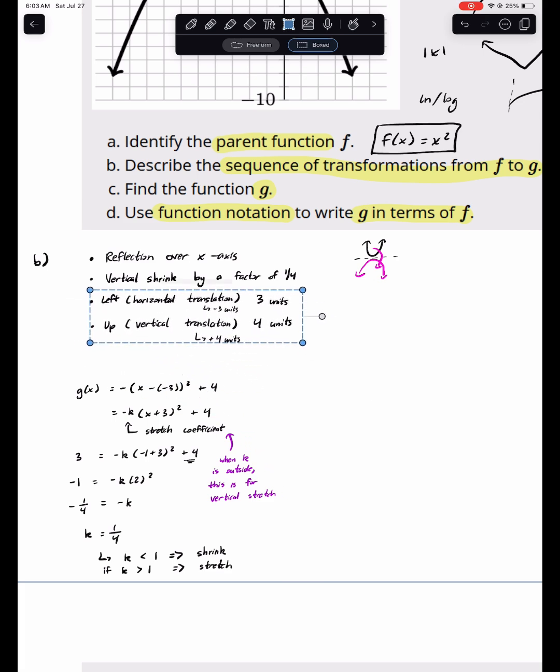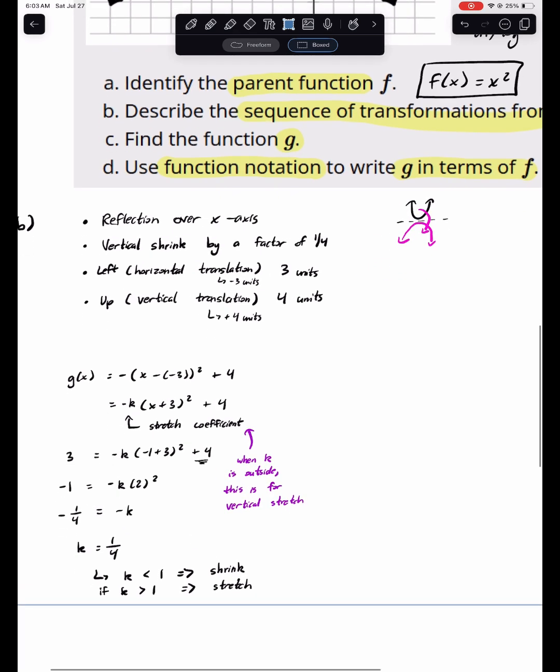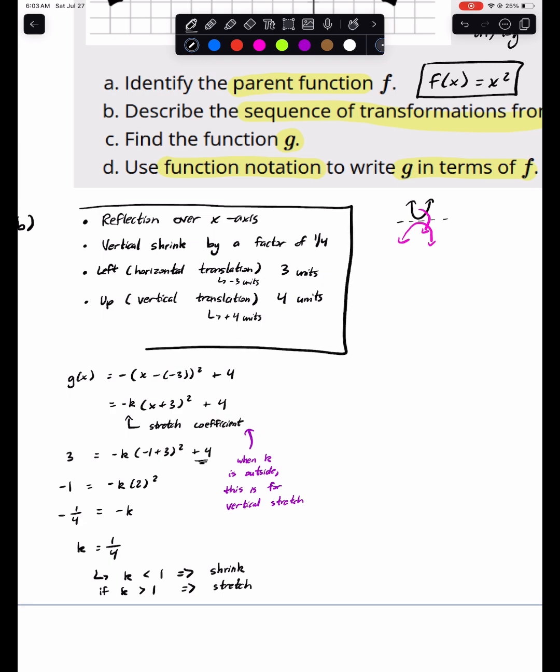Now order does matter, okay? And I'll show you in a bit, because of these steps, actually these three y steps right here.